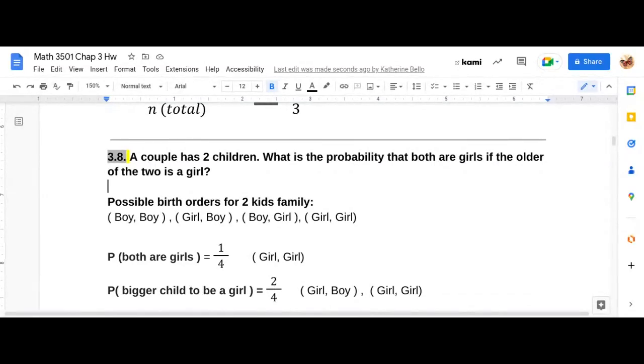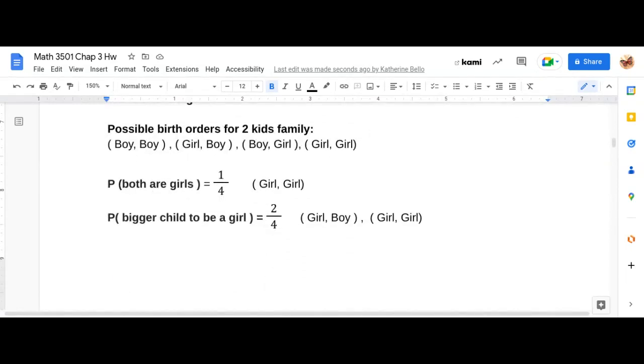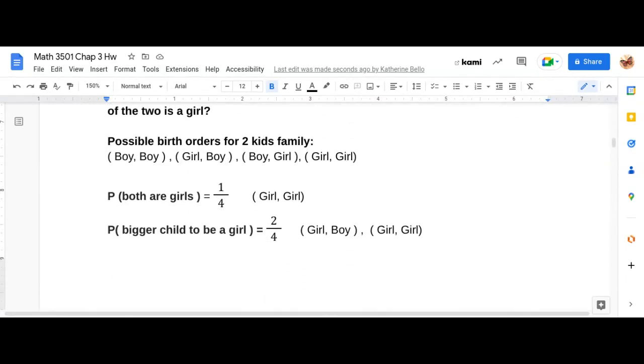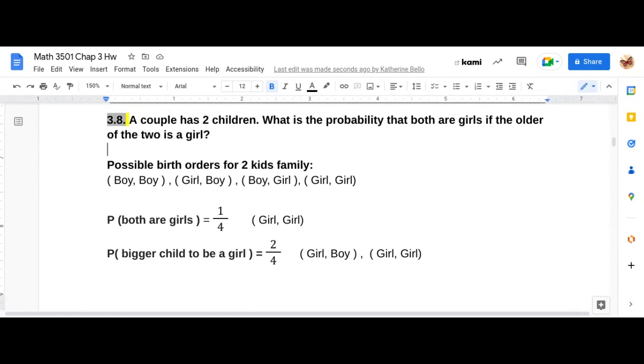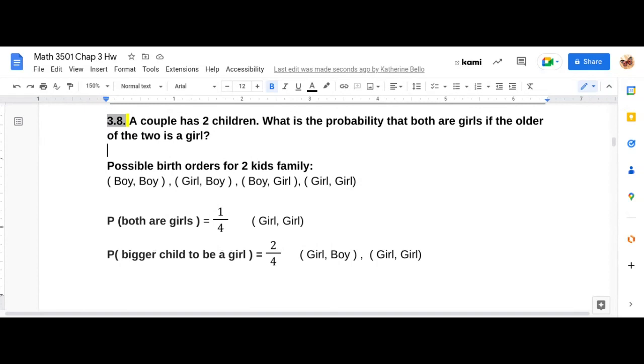So given the older one is a girl, what's the probability that both of them are girls? You need to put the older one being a girl into the probability, because you have to remember the conditional probability. So both are girls given the older one is a girl. Now I understand why you have the division. All right. Thank you, Catherine.